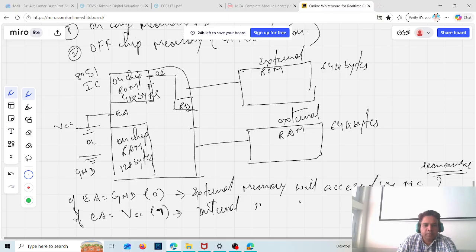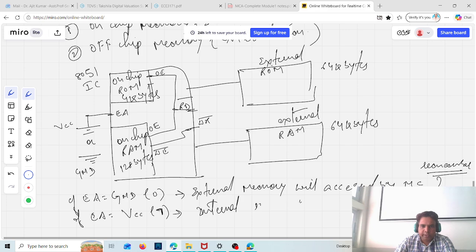So for the RAM, this RD will be connected with the OE pin, and this WR, that is called write pin, is connected with the write enable pin of your on-chip RAM.